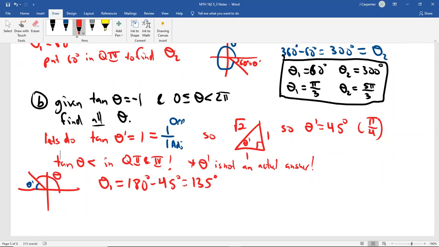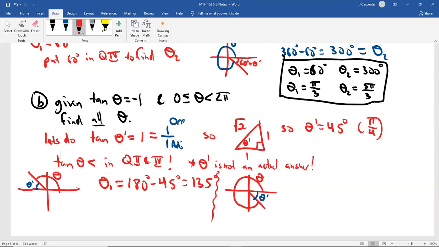The second angle, we need to draw up in quadrant 4. So our reference angle would be this one. That's the 45 degrees this time, which means our actual angle is all the way around. Big angle, between 270 and 360.